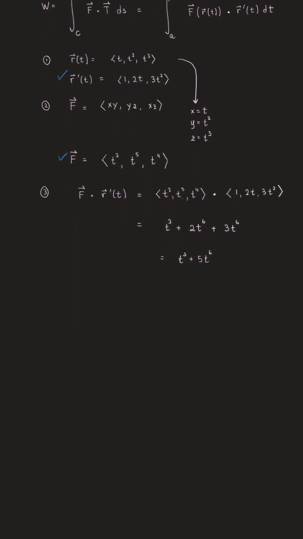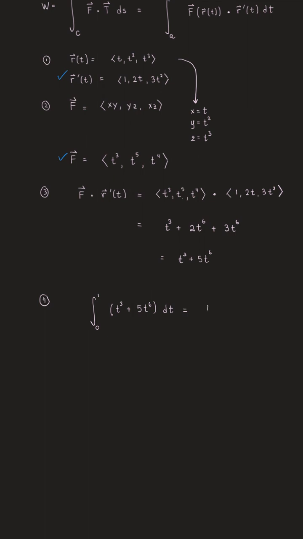And our last step is, well, we're ready to evaluate the integral. We have the dot product, and we know t goes from 0 to 1. That was given. Our dot product that we've already calculated is t cubed plus 5t to the sixth dt. And now this is an integral of a one-dimensional scalar function with respect to t.